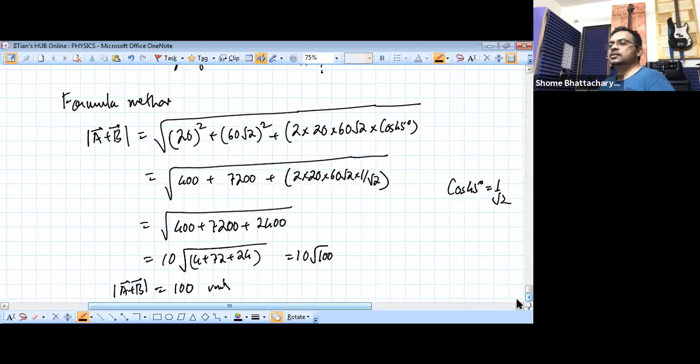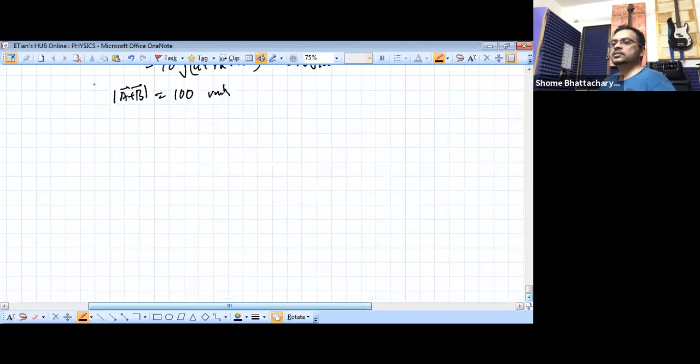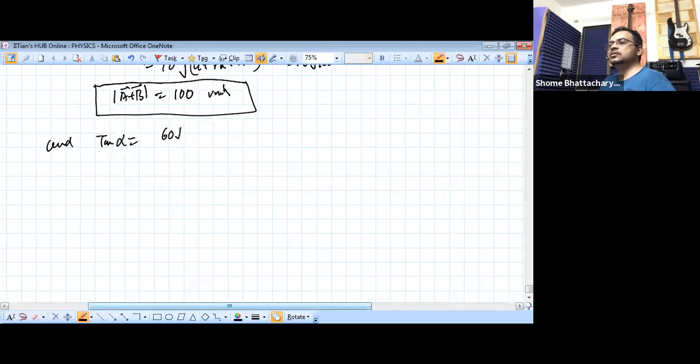Now the angle will be a little challenging here for us to calculate. Along with this, we have to also see that tan alpha is b sine theta upon a plus b cos theta. So that is 60 root 2 sine 45 upon 20 plus 60 root 2 cos 45 degrees.